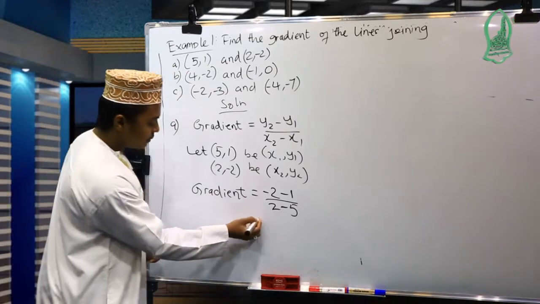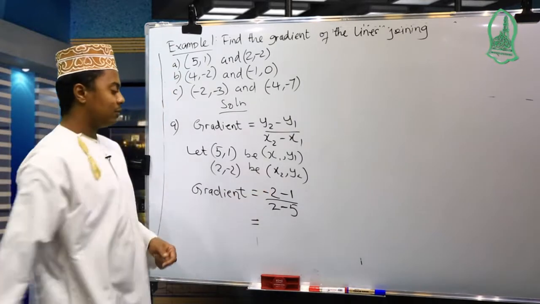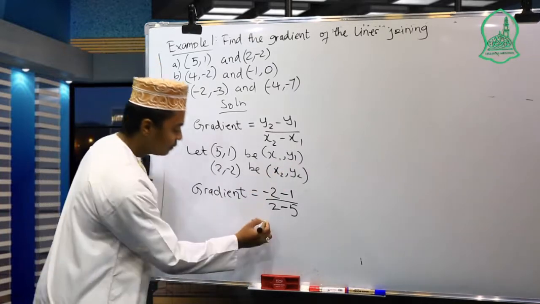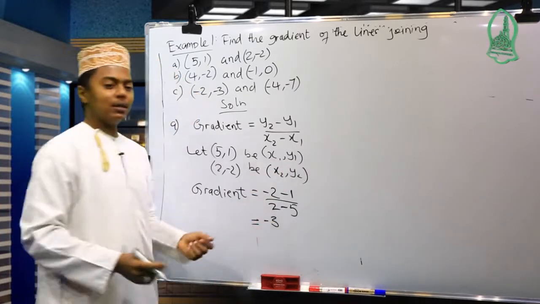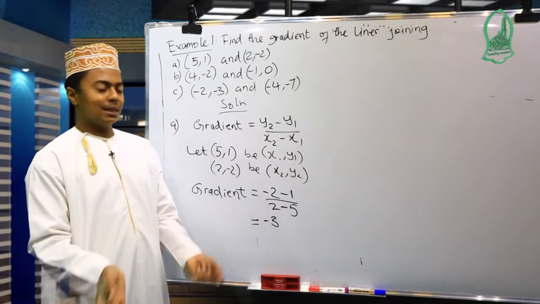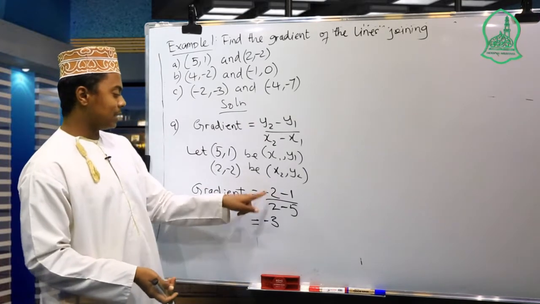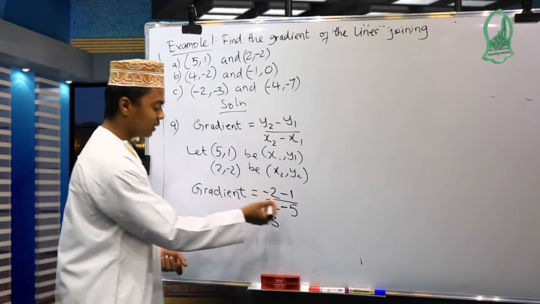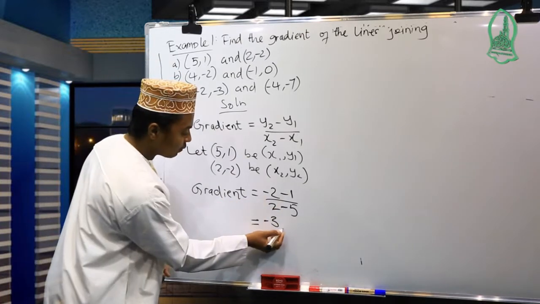Then the gradient becomes negative 2 minus 1, which equals negative 3. Here we have negative 2 minus 1 equal to negative 3. How about this, 2 minus 5?